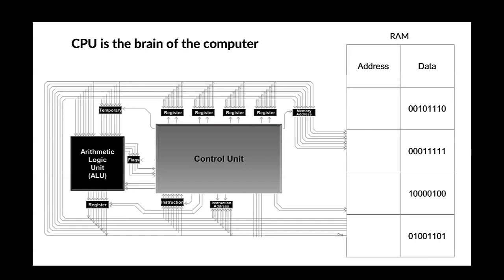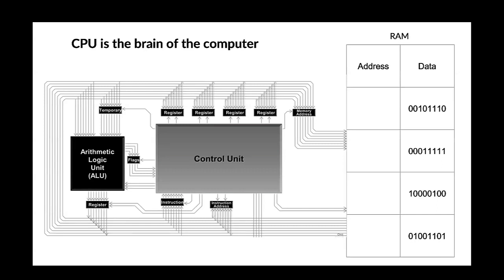A 64-bit processor can process twice as much data as a 32-bit processor. In 32-bit CPU, each register is 32 bits wide and can manipulate 32 bits of data at a time.